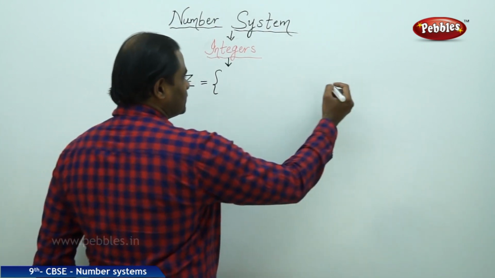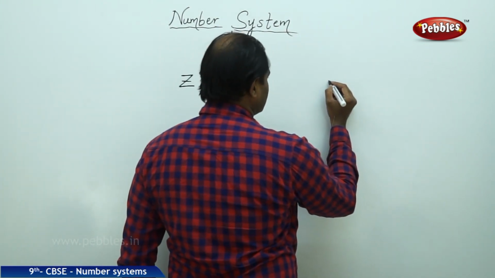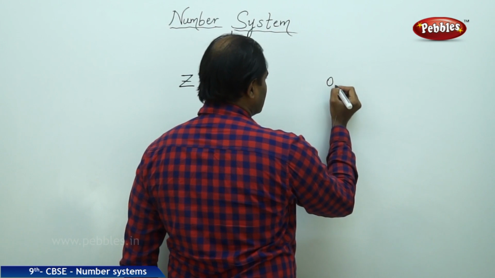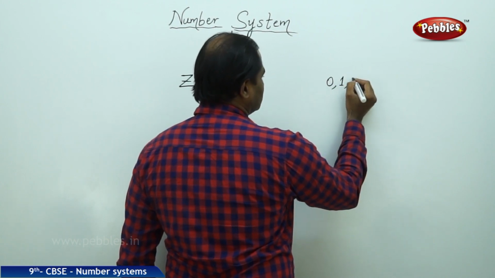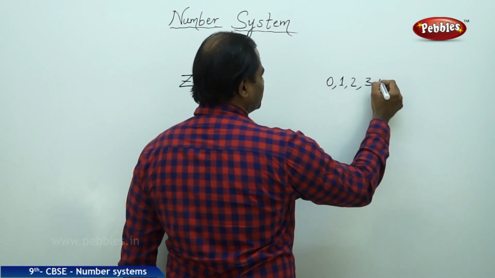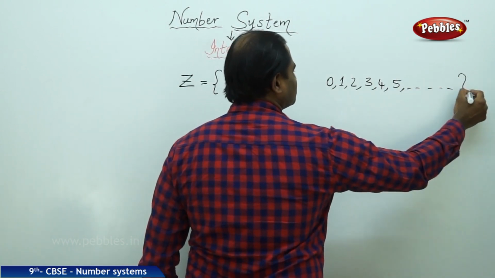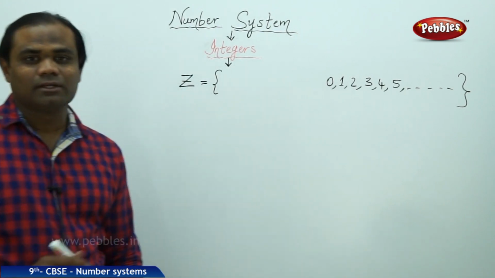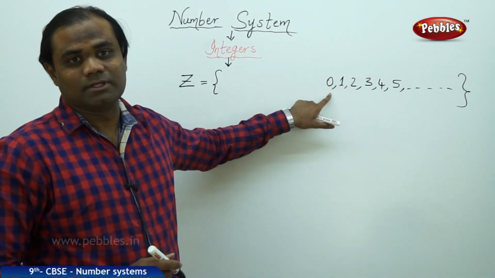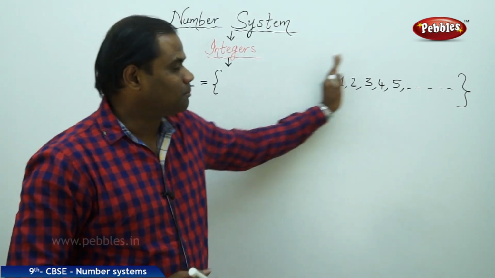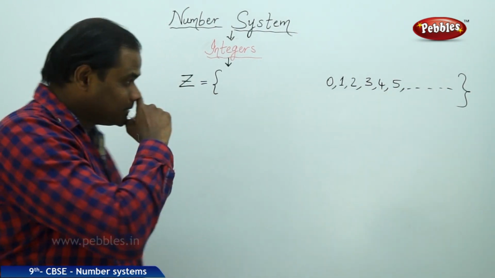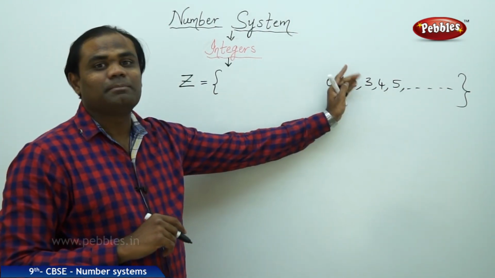Say for example, let me start with the positive side. We know that the whole numbers are 0, 1, 2, 3, 4, 5, etc. up to infinity, which is what we understand as the natural numbers or the whole numbers added with 0 on the positive side. So integers also include the negative part of it.